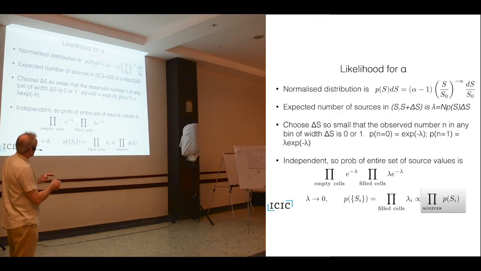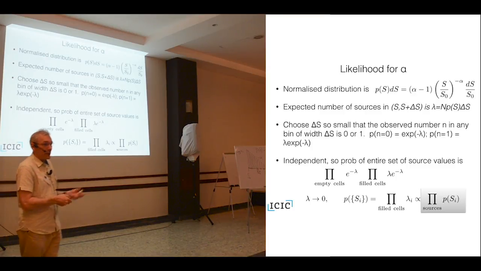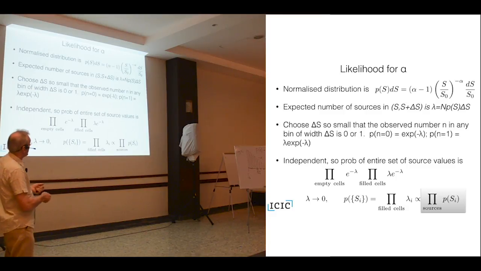If we observe n sources, so n is a fixed number, and delta S is some arbitrary number that doesn't depend on alpha, then the dependence on alpha of this whole thing is only through the P of S term. The other parts change the constant of proportionality, but that's not important because they don't depend on alpha. Is that clear? Although we've done this construction with small bins, the width of the bin doesn't matter in the end, as long as it's small enough that you only have 0 or 1 source in the bin.